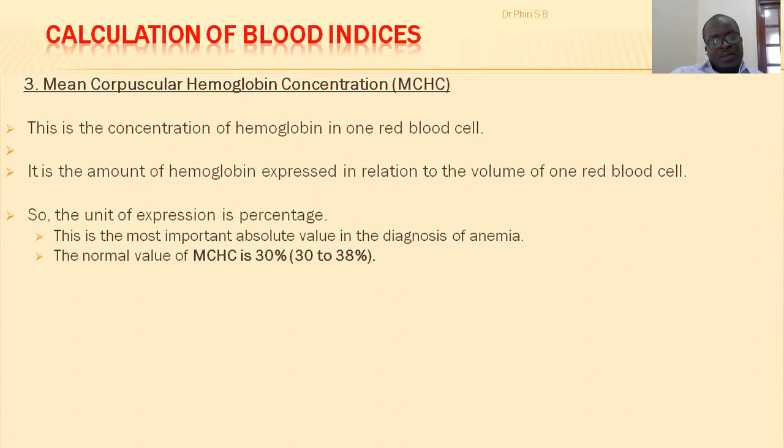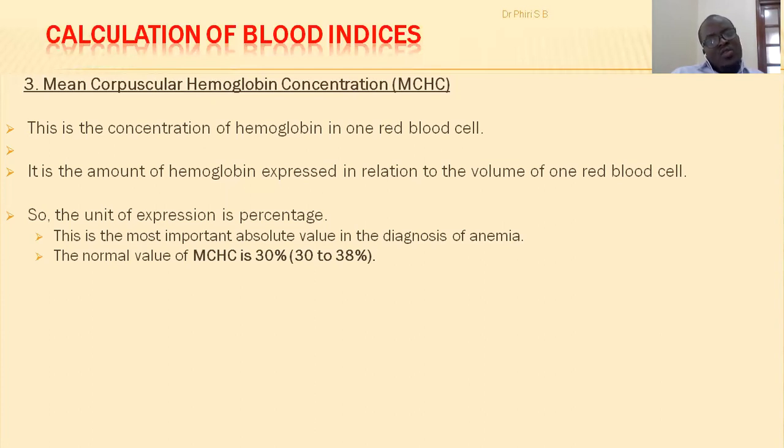You need to note that this is the most important absolute value in diagnosis of anemia. This question can come in MCQs. So mean corpuscular hemoglobin concentration, MCHC, is the most important absolute value in the diagnosis of anemia.